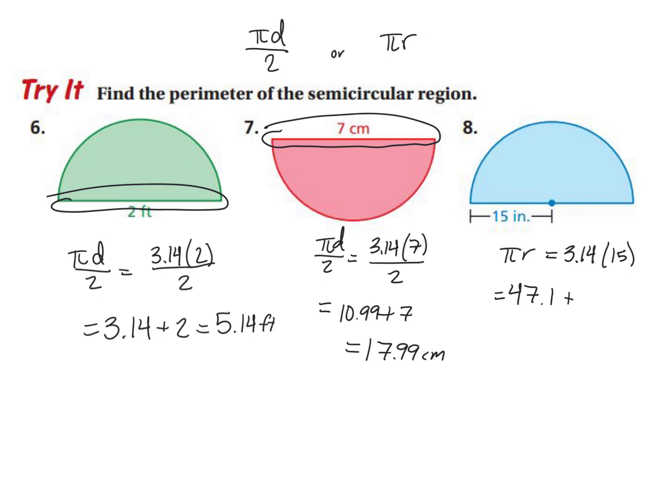So if I think about it, this section is 15, but also this other section is 15. So in total, this entire section is 30. And I'm adding the full length of the bottom side, 47.1 plus 30. Well, that's just going to be 77.1 inches.